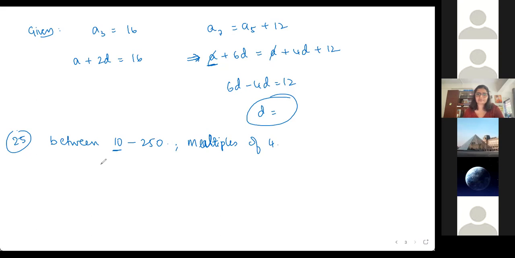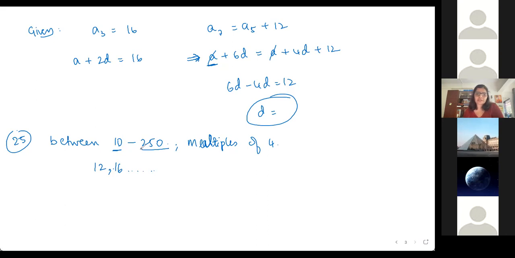Yes, no? Keep your mic unmuted. No, right? So from 10 to 250, what is the first multiple of 4? 12. So after 12, 16. Okay, so going up to 250.